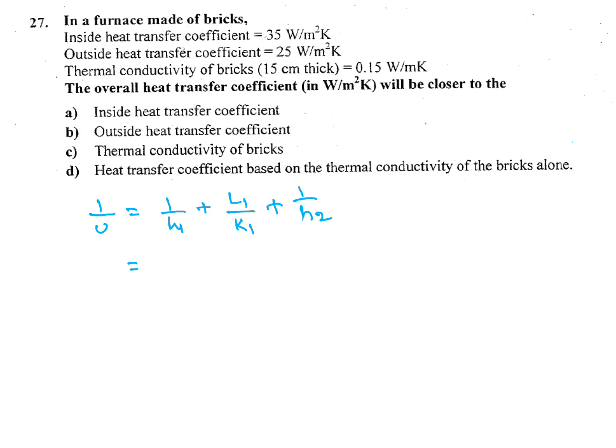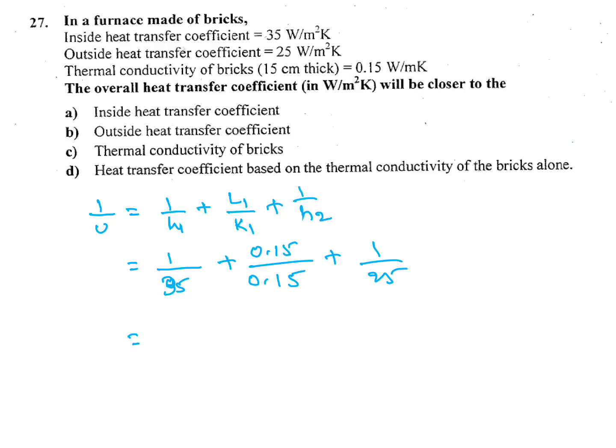So H1, 1 by inside 35, it's 1 by 35, plus 15 cm, convert it to meter, 0.15 by K1 0.15, plus 1 by 25.